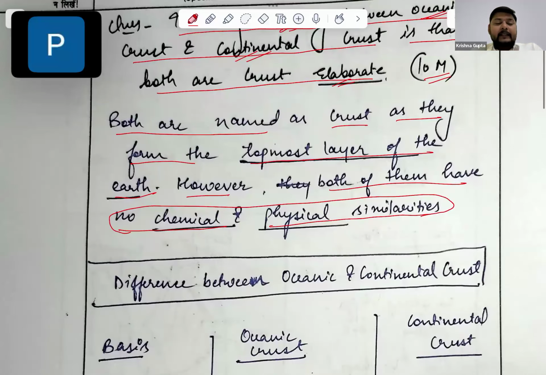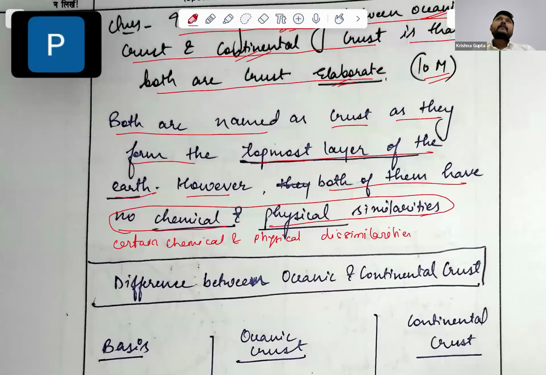We can say here that they have certain chemical and physical dissimilarities. Why? Because there are certain components in the oceanic crust as well as in the continental crust which are quite similar also.